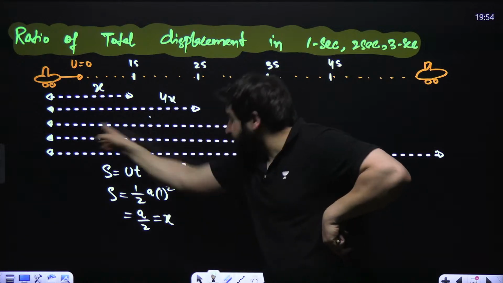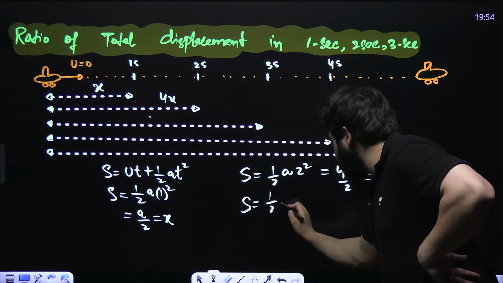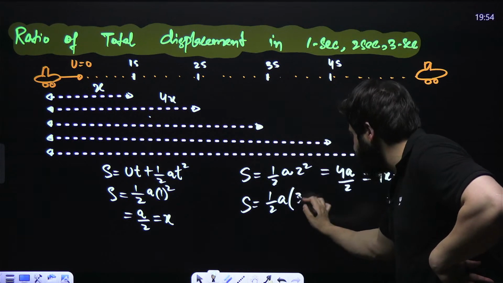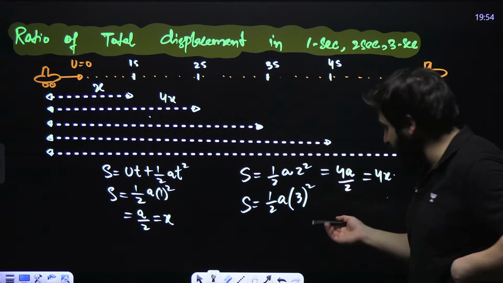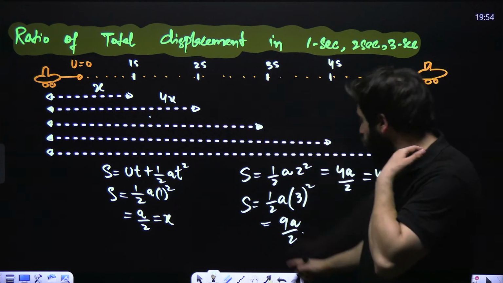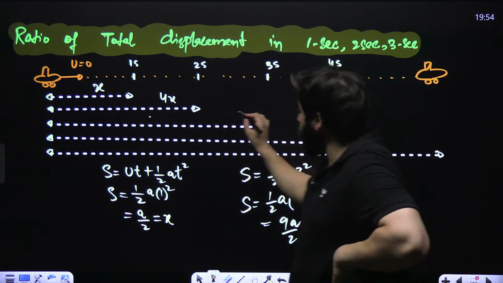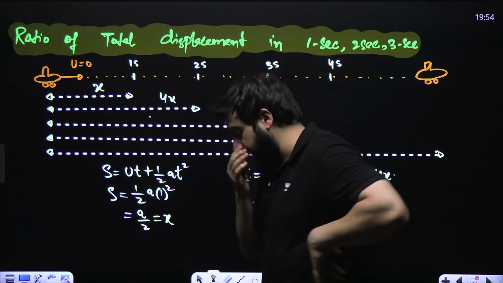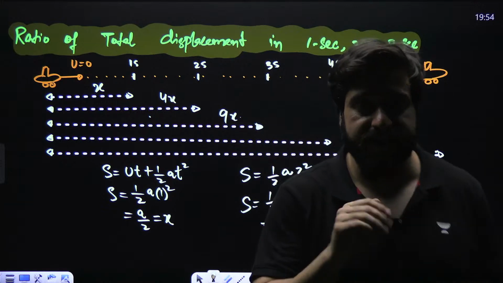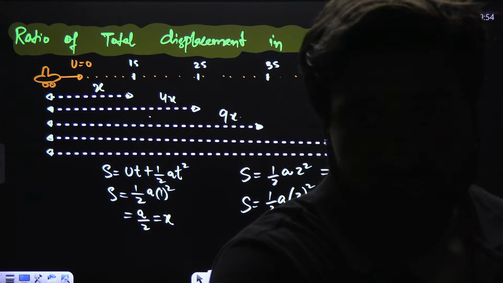Let's find the displacement in 3 seconds. s = 1/2 at², t is 3 squared, which is 9, so it will be 9a divided by 2. Since a/2 is x, that is 9x. So in this particular case, this is 9x.